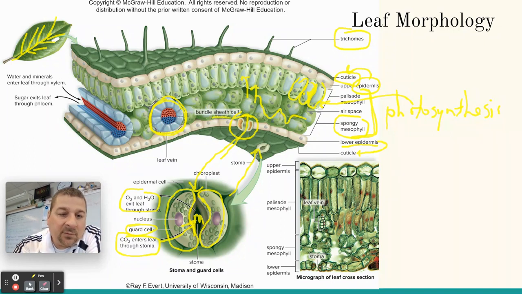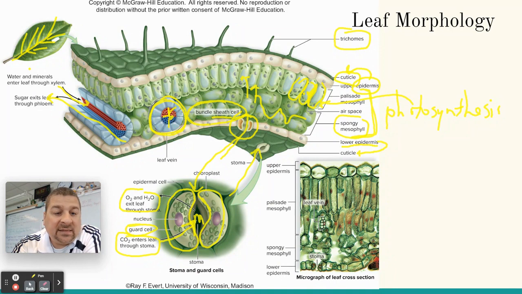And then on the inside, normally in our diagrams, like you see here, red and blue, the red normally represents xylem with an X, and blue is phloem with a P. So the xylem is bringing the water and the minerals up from the roots. And as the plant produces sugars, the sugars are usually sent back down, either to the stem or the roots for storage. The bundle sheath cells we have talked about before in the photosynthesis chapter.